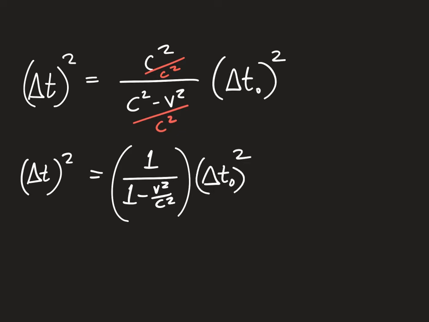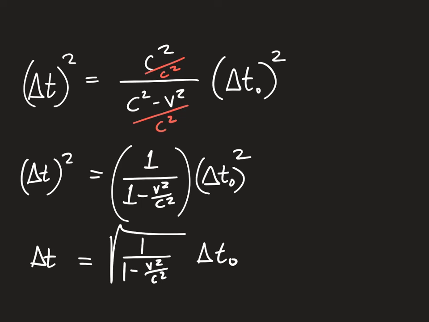So if you take the square root, you'll get delta t equals the square root of 1 over this 1 minus an interesting ratio times the proper time.